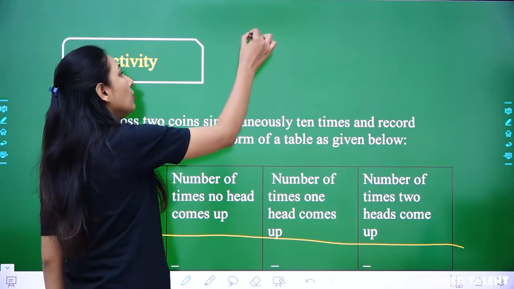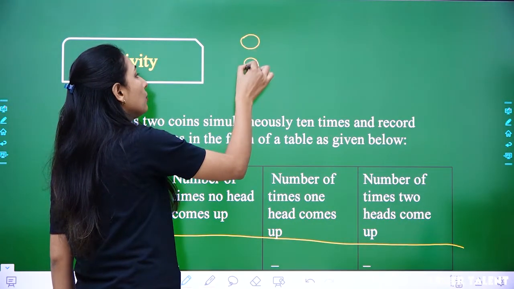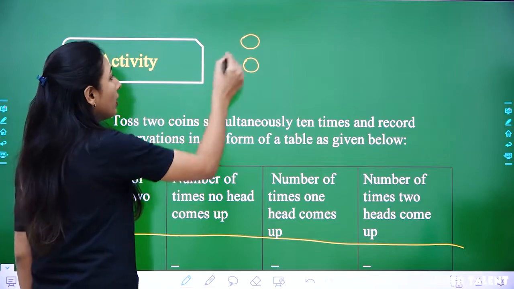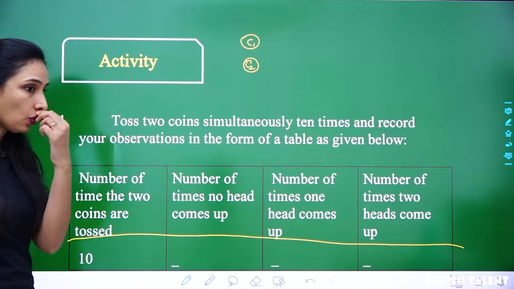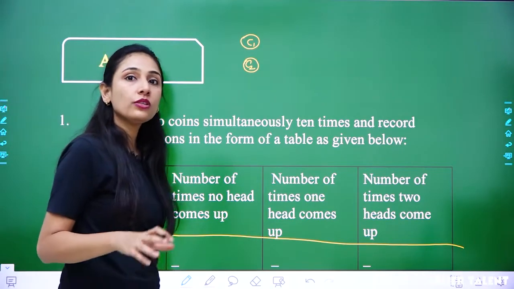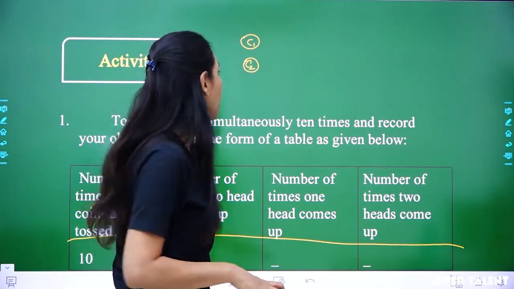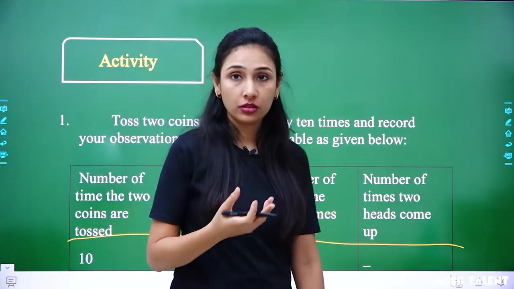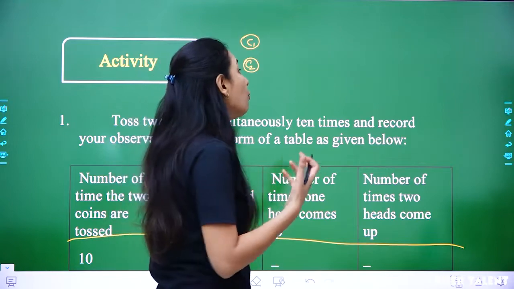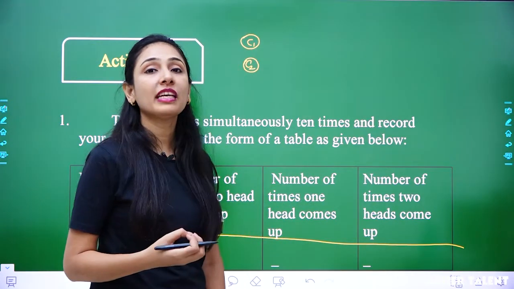What is going to be done? You are having 2 coins. This is coin number C1, this is coin number C2. C1 and C2 are the 2 coins you are having. Now, if you toss them, what can be the outcomes?